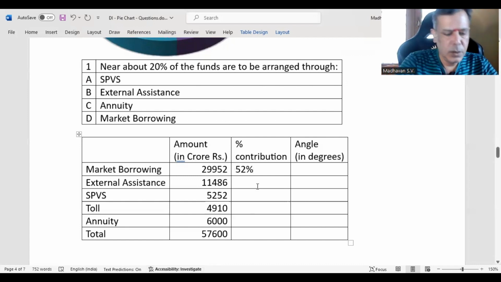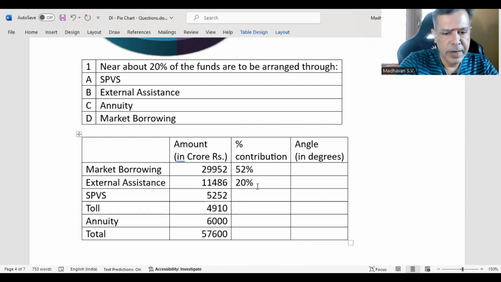Then 11,486 divided by 57,600. That is 20%. 5,252 divided by 57,600.